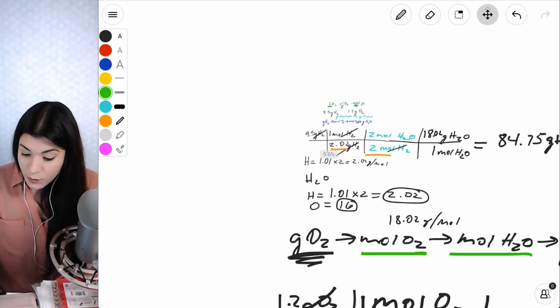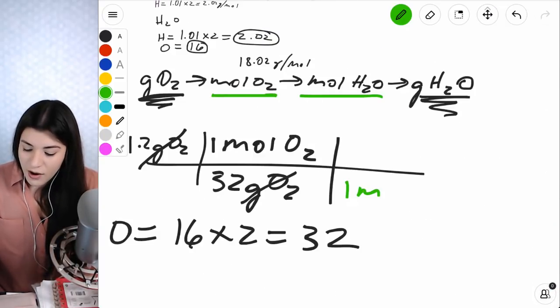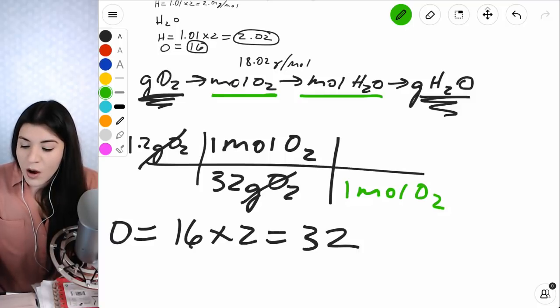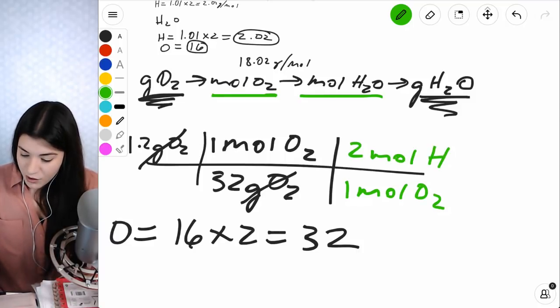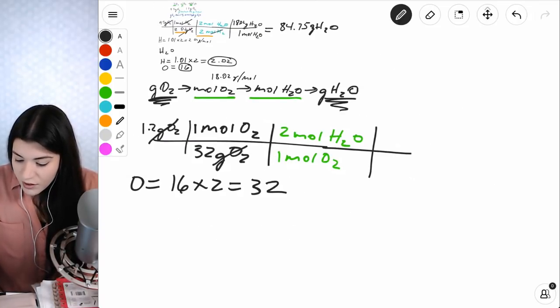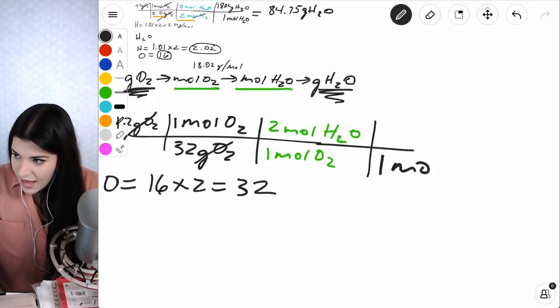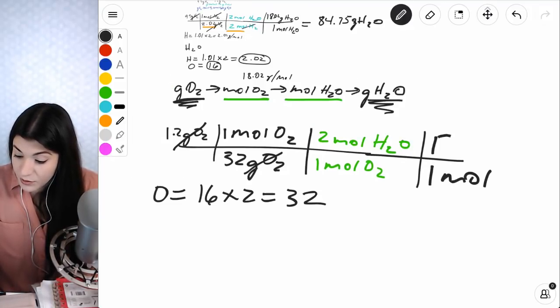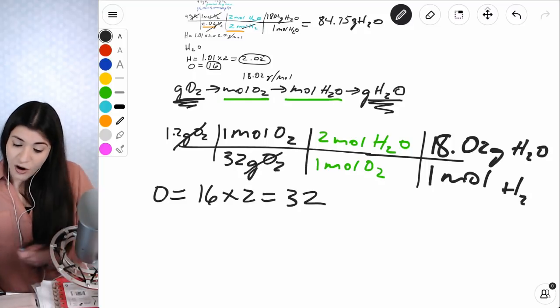Let's go back. So we said 1 mole of O2 for every 2 moles of H2O. We'll bring back the molar mass of water that we found before. So I'll place 1 mole on the bottom. And then we'll also put, let me scooch this over, 18.02 grams of H2O. And then now we'll just multiply straight across and divide by 32.